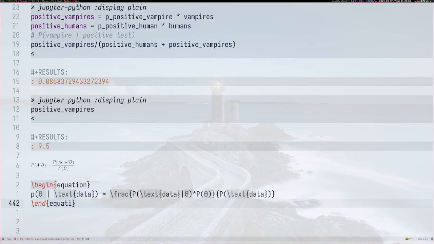So this is Bayes equation in the way that we're going to apply it.